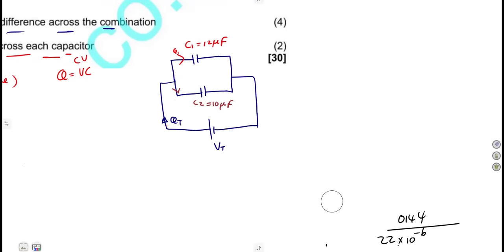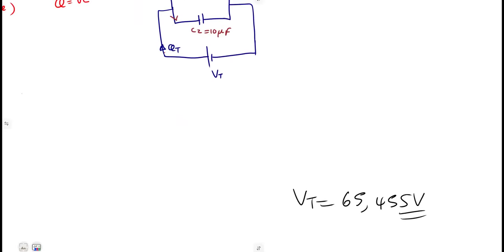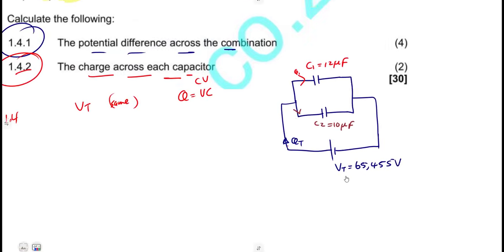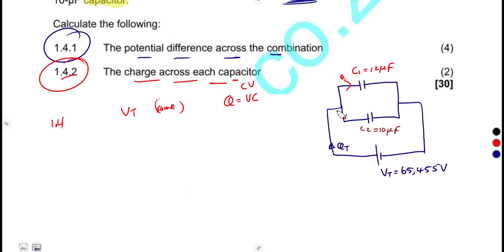Our total voltage is the one that we calculated, 65,455 volts. So you take it this way without those conditions that you had, what is going to be Q1 and what is going to be Q2.